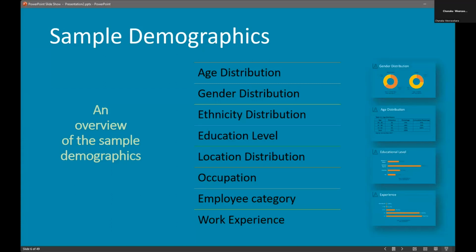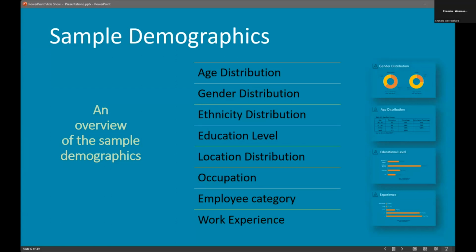As I mentioned, what age range are they? How is the gender distributed? How is the ethnicity distributed? What areas do participants live in? The location, their occupation. If it is about employees, employee category, their work experience, education level. Why we should produce this sort of information at the beginning of the results chapter is very important.